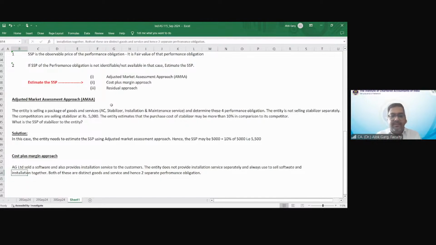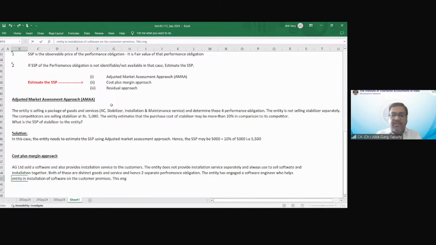The entity has engaged a software engineer who helps the entity in installation of software on the customer premises.